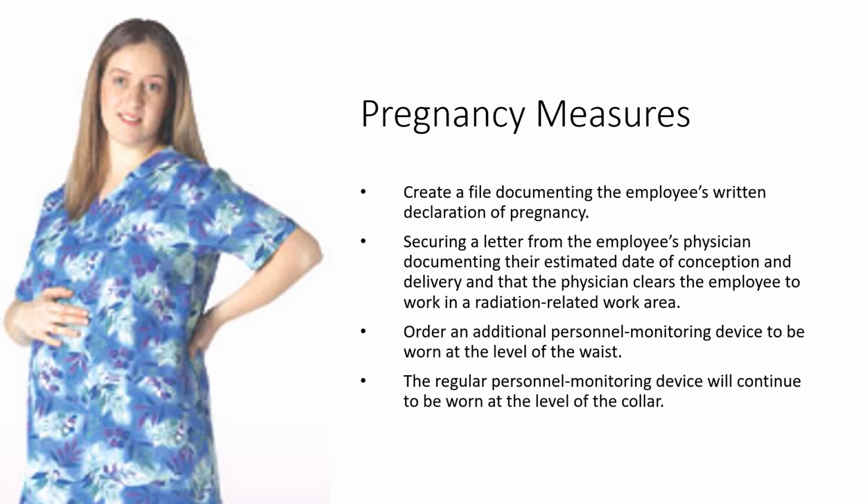We need to order an additional personnel monitoring device to be worn at the level of the waist and underneath the lead vest or lead apron, because this monitor is monitoring the radiation dose that the fetus receives and not the radiation worker. The radiation worker wears their dosimetry badge, as you remember, outside of the lead apron so that we can monitor the whole body radiation that they've been exposed to. The regular personnel monitoring device will continue to be worn at the level of the collar.